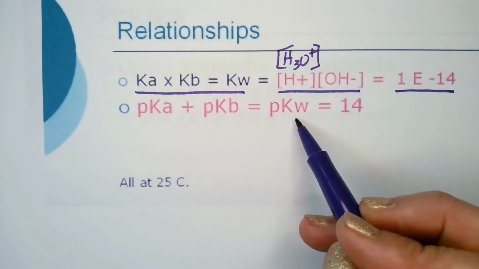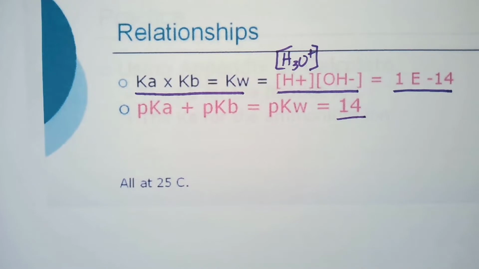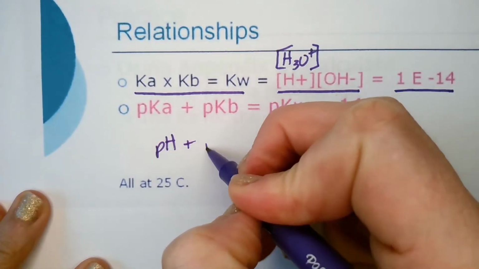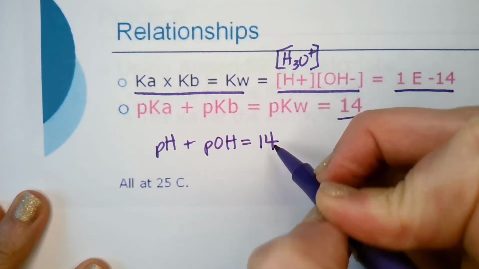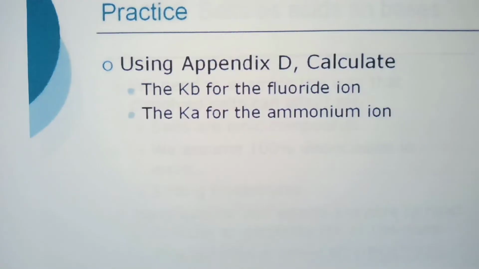Another relationship, pKa plus pKb is equal to pKw, which is 14. Here's another one, pH plus pOH, and this should look familiar, is equal to 14. This relationship will come in handy when we want to convert a Ka into a Kb or vice versa.